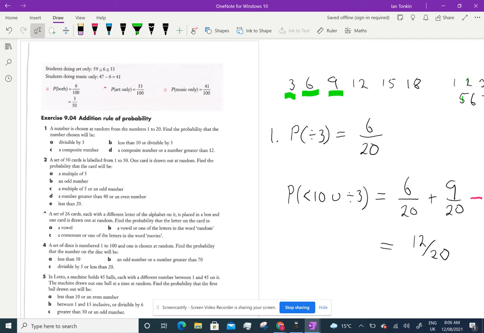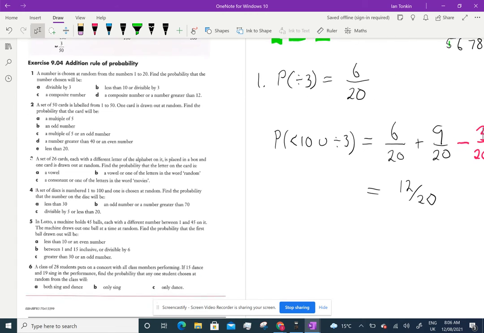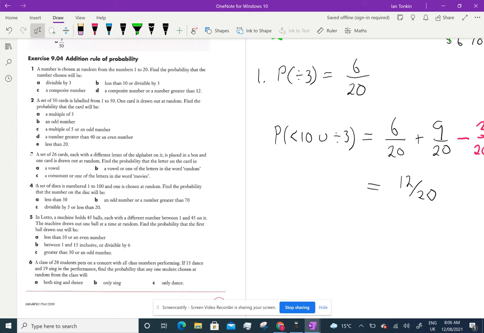A composite number, remember, a composite number is a number that is not prime. Is 1 a composite number? No, I think 1's just a generator number. It's neither prime or composite. I wonder what they got for that. So the probability of composite.